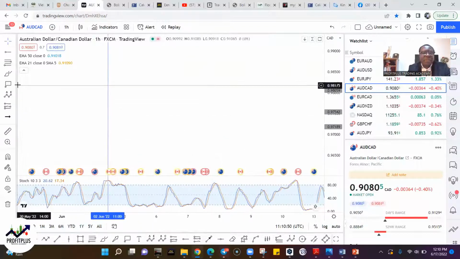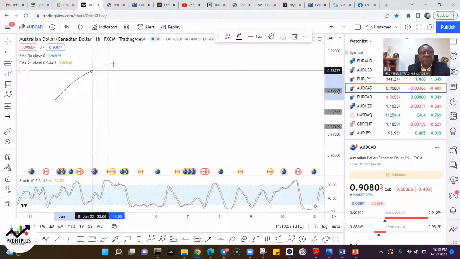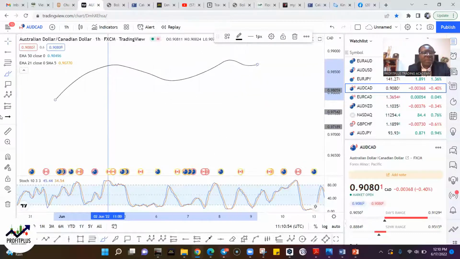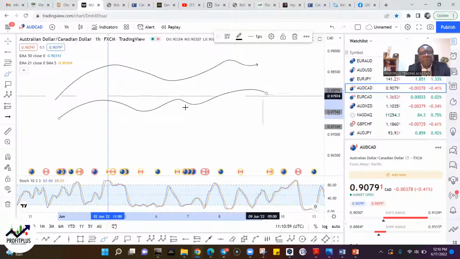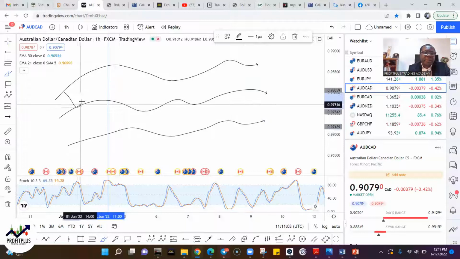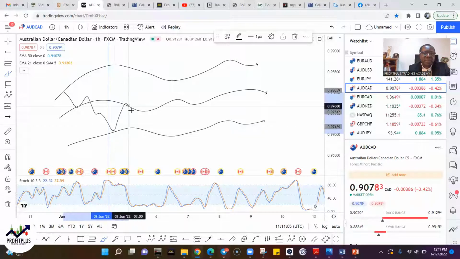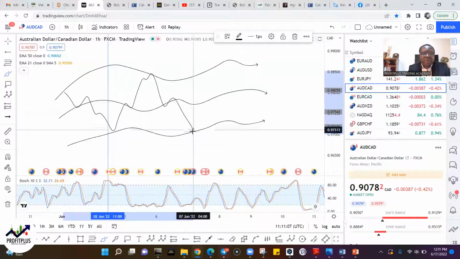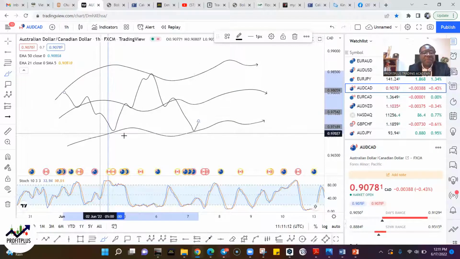Assume you are trading Bollinger Bands, and of course, I assume this is the upper band of the Bollinger, this is the middle band, and here is the lower band. And this is the price chart now moving this way, and it is at this point. You can observe something.